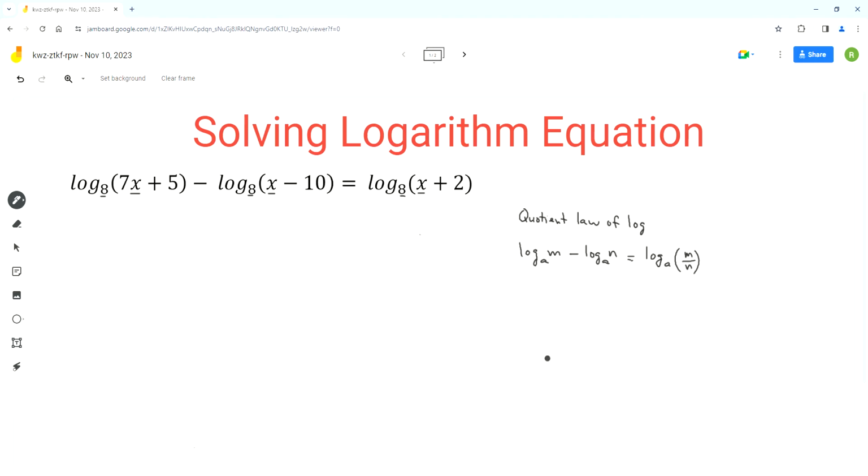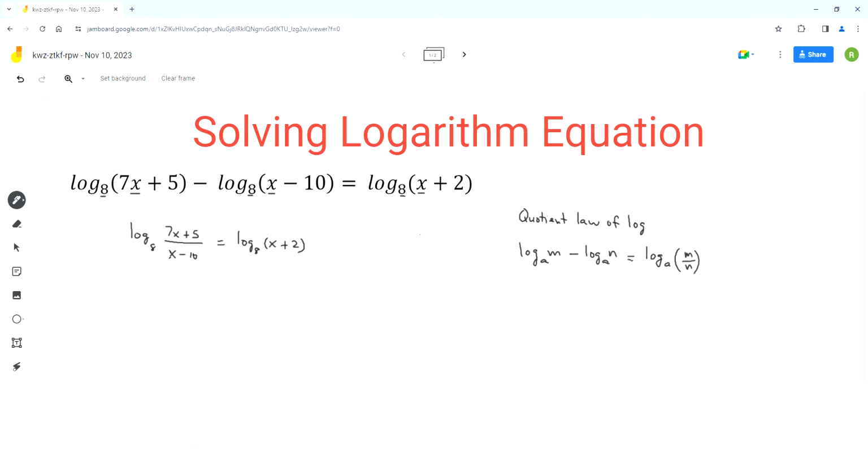So this is the quotient law of log. We can use this law for these two terms on the left side of our equation because they have the same base. So our first step is log to the base 8 of 7x plus 5 over x minus 10 equals, and the right side stays the same.